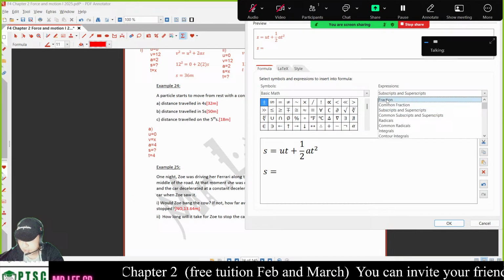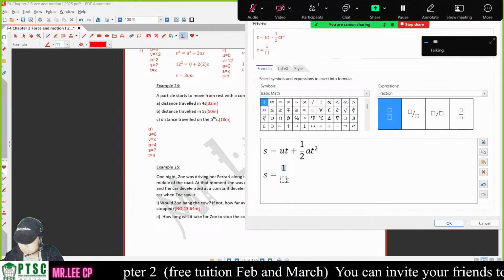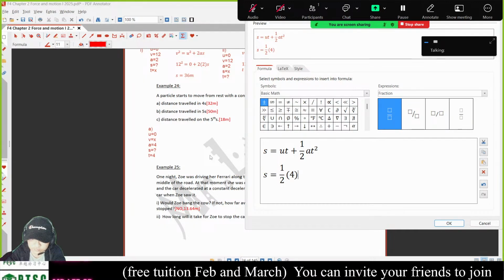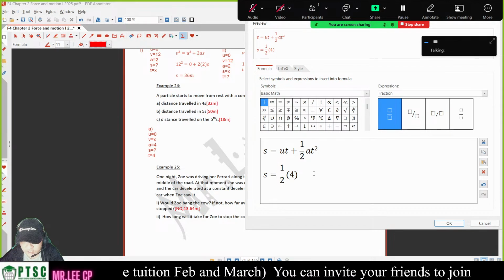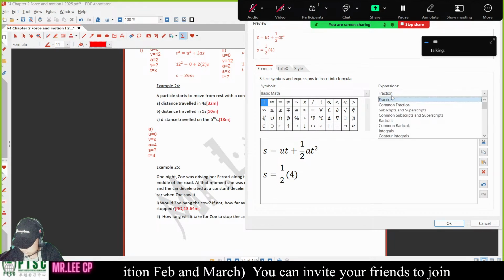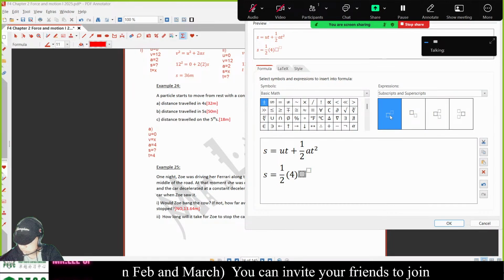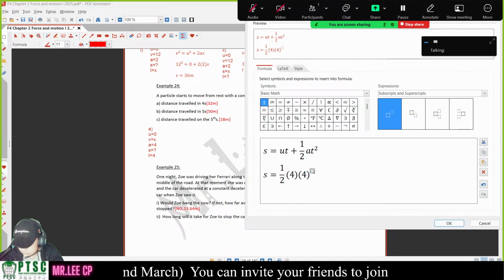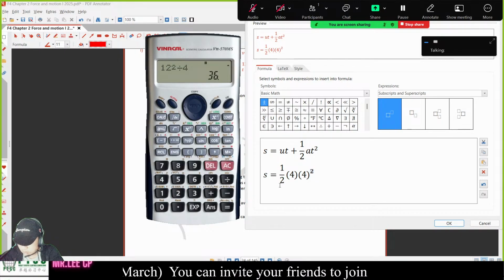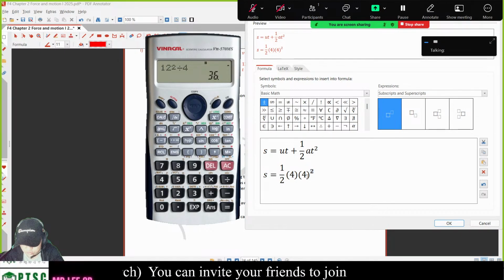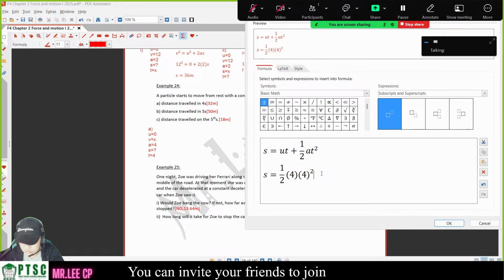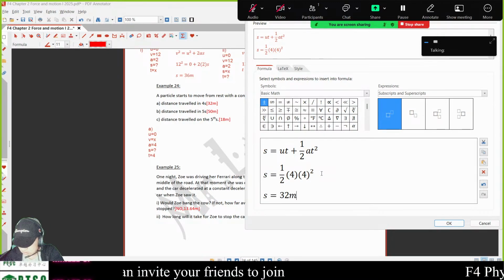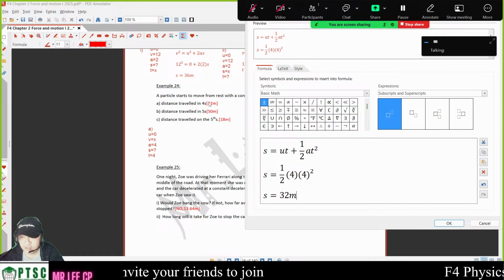So plus half AT squared, 1 over 2, A is 4, and then T squared, 4 squared. So half times 4 is 2. 2 times 16 is 32. Unit meter. 32 meters.